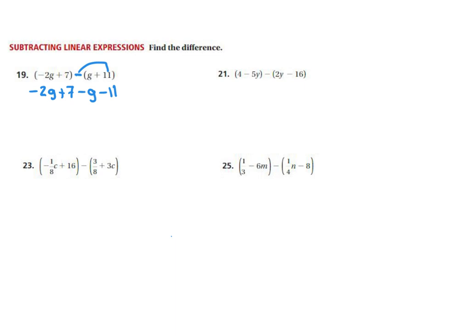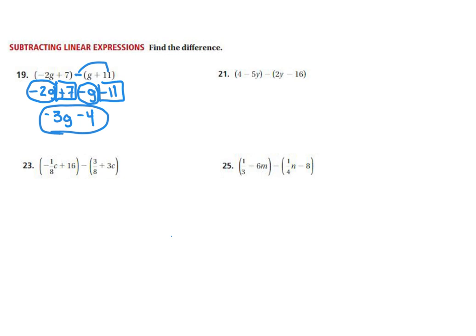So think of adding negatives or changing everything to the opposite. And now you can just combine your like terms as we have been. Negative 2g minus g is negative 3g. And then 7 minus 11 is minus 4. So negative 3g minus 4.